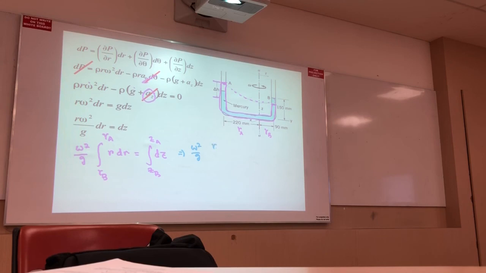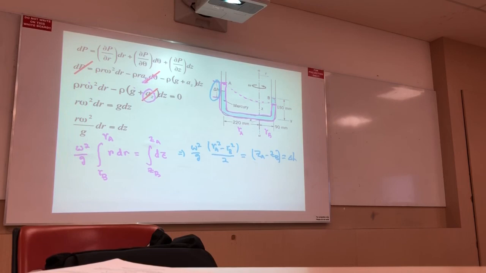Then I can say RA squared minus RB squared by 2 is equivalent to ZA minus ZB. ZA minus ZB is equivalent to this distance, delta H, which is 75 mm.